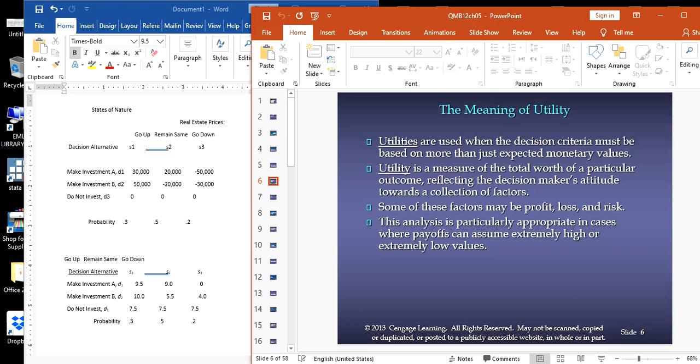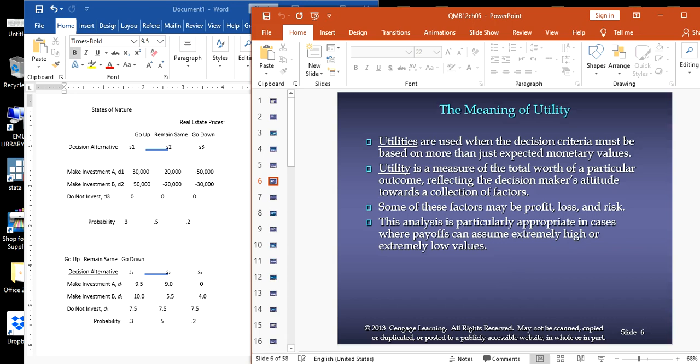But these numbers will be ranked in other numbers, like ranging between 0 and 10 for all given possible outcomes over here, payoffs. Okay, so we rank them, and then we find expected value of utility instead of expected value of payoffs in dollars.